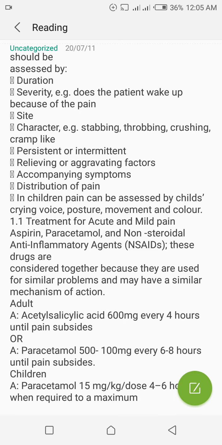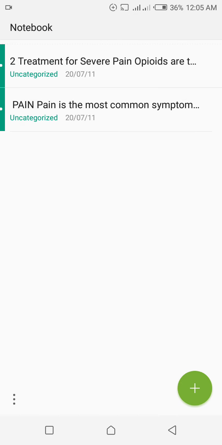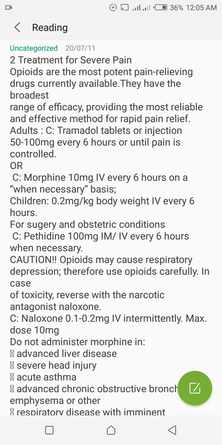As we are still talking about pain, I want to show you how to deal with the treatment of severe pain. In my previous video, you can identify that for mild and moderate pain you can use aspirin, paracetamol, and an NSAID, which all have the same modes of action.